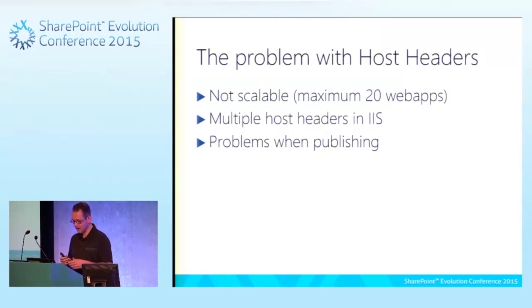So, if you want to use multiple host headers, well, that was the only way that you could do it. And there are all kinds of problems when publishing. Alternate access mappings, everyone loves them, especially when you're starting out with SharePoint. Probably everyone who installed a farm a few years ago or does it for the first time wonders, internal URL, public URL, how does this work?